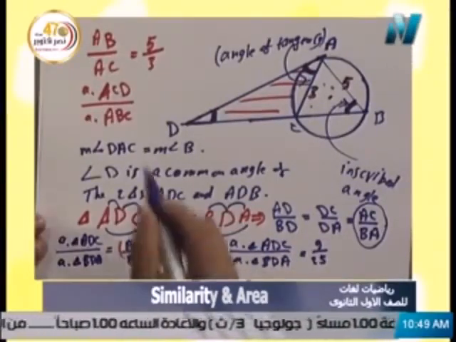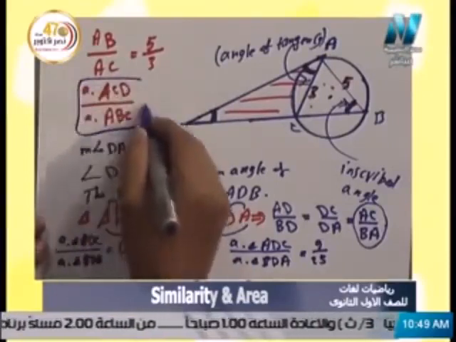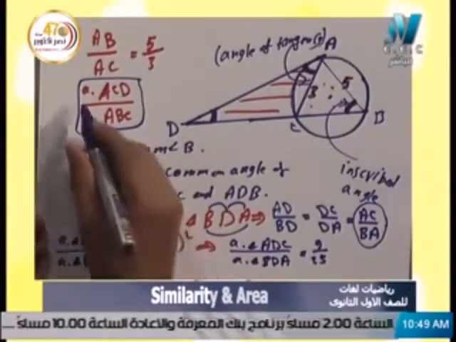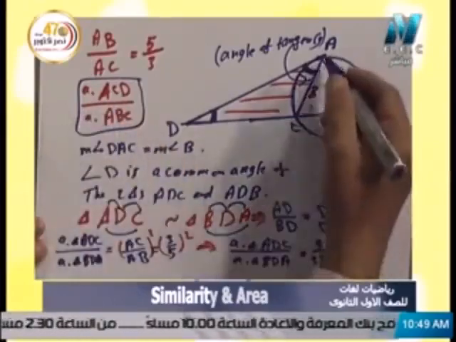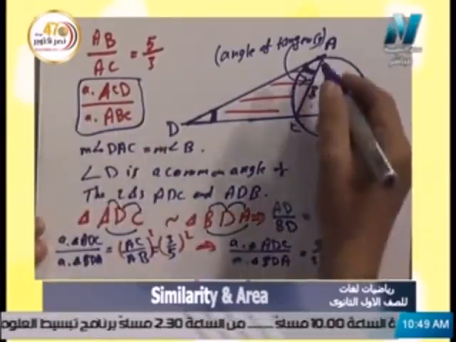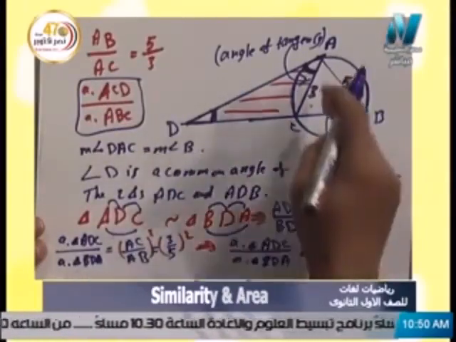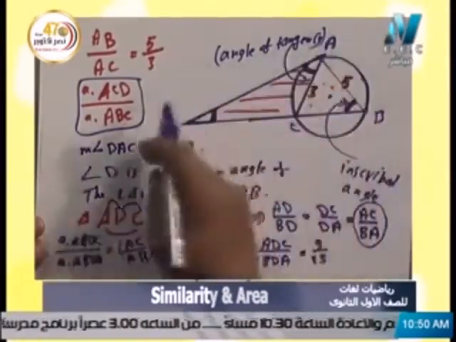But the request is to find the ratio between the area of triangle ACD, this one, and the area of triangle ABC, this one, not the whole triangle.